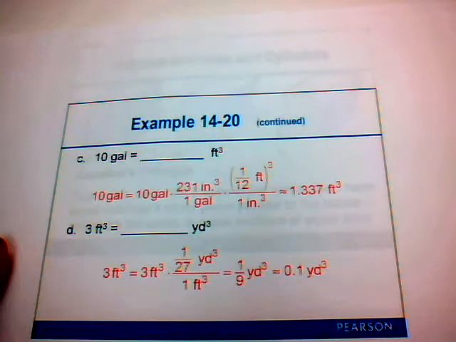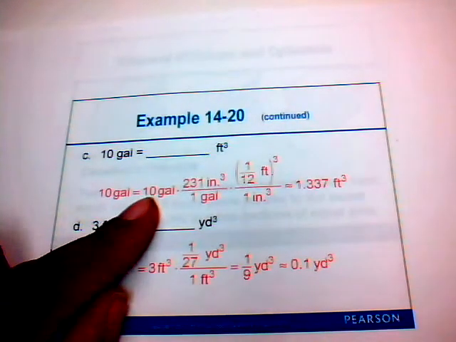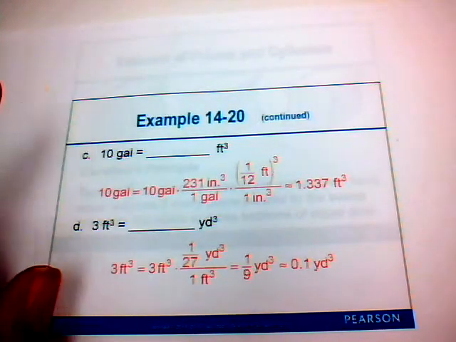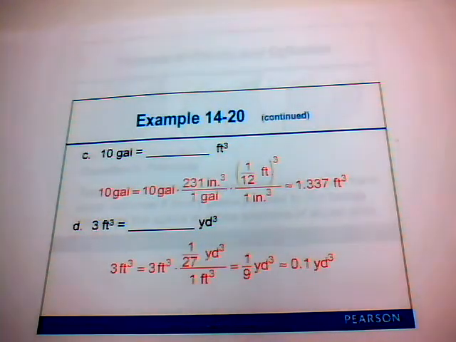Okay, 10 gallons is equal to how many cubic feet? Okay, so here we need to start off. We've got 10 gallons. What we know is this. 231 cubic inches is equal to a gallon. And I did mention that on one of the slides.